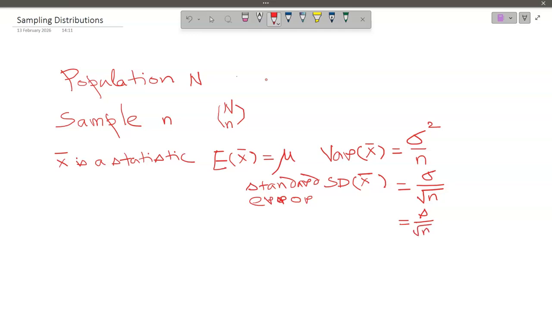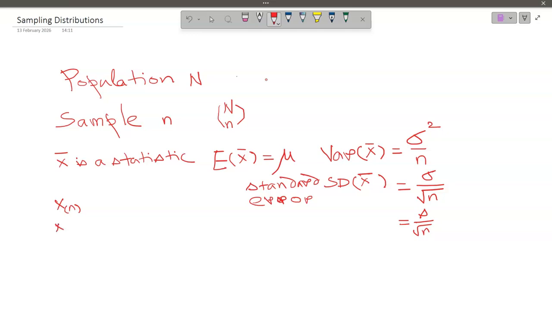Now there could be many other statistics possible. So the maximum of xi, that's a sample statistic. We denote it by x(n) in brackets. That's the maximum of the samples. That's a function of the sample values.